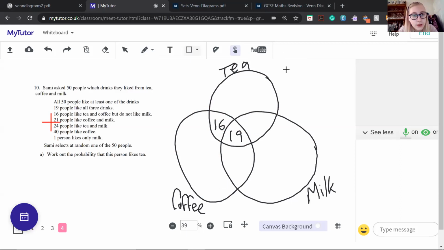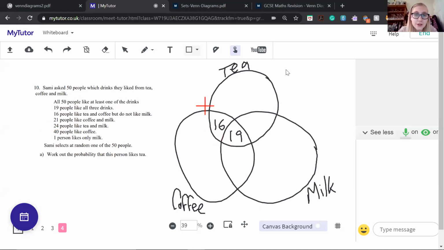21 people like coffee and milk. Okay, so I think that means everything in these 2 circles. That's quite vaguely worded, actually. I think that could mean everything in these 2 circles. So we can't fill anything in yet. 24 people like tea and milk.